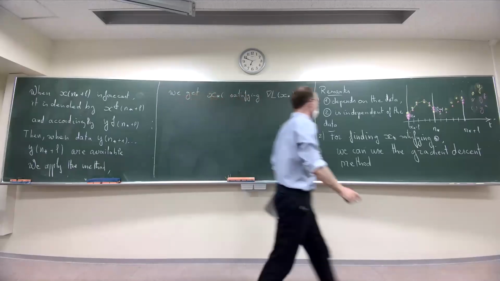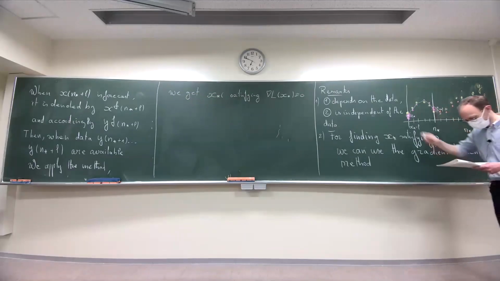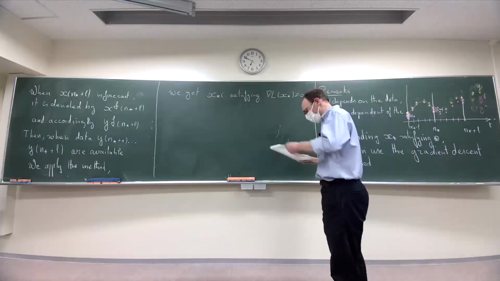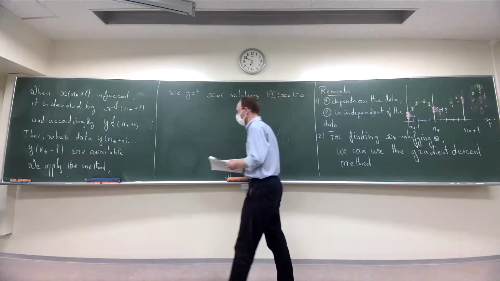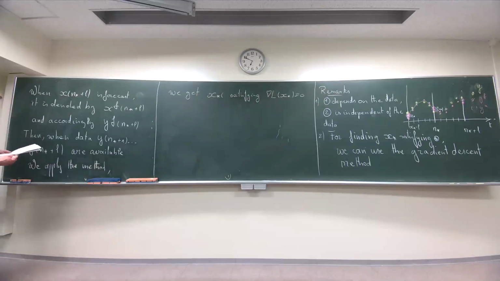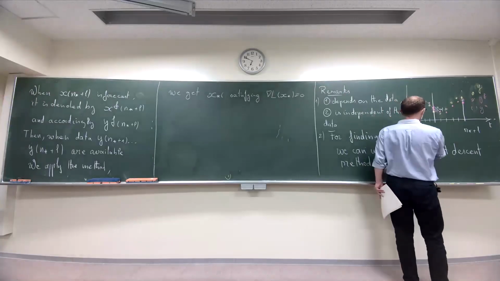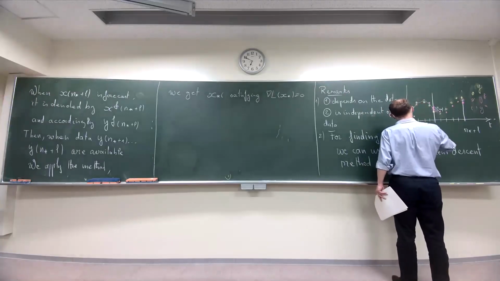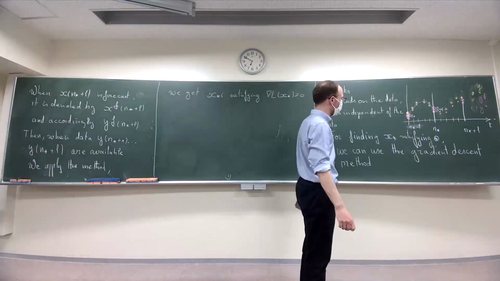So let's check. Here I focused. I'm not sure about the time, so let me just follow my notes. On the picture of the diagram, we wrote x star minus L. Shouldn't it be y star rather than x star, like the one right above?